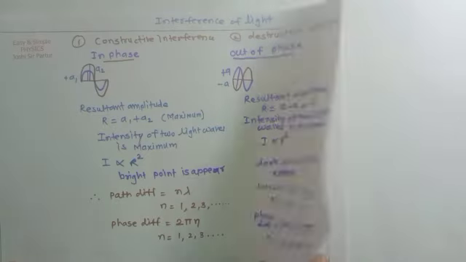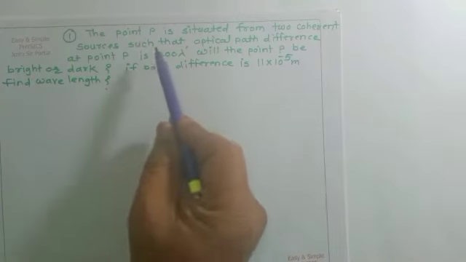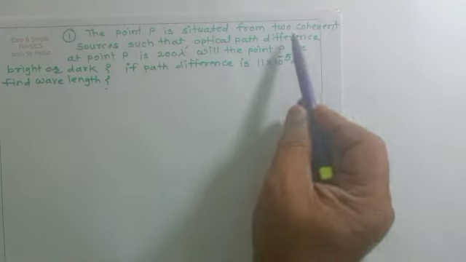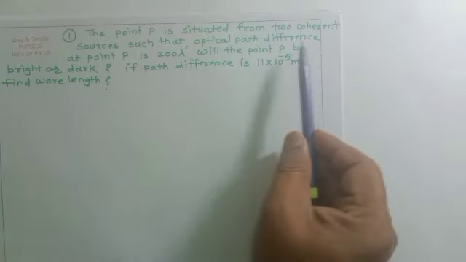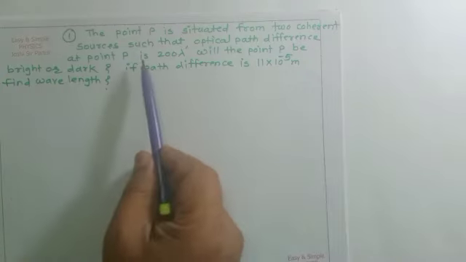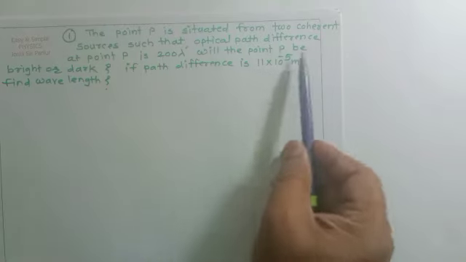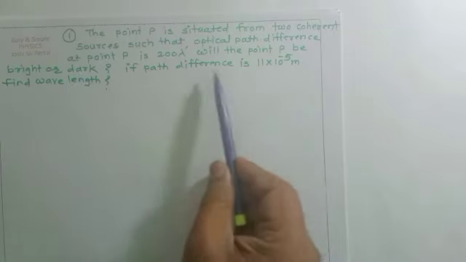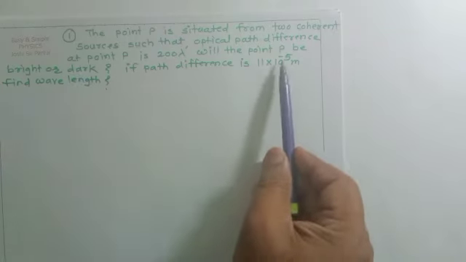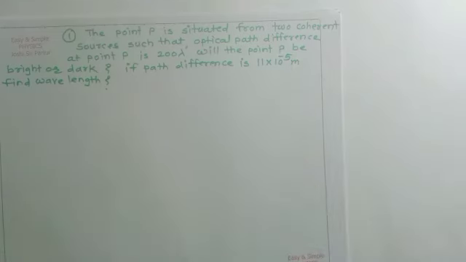So the first example: the point P is situated from two coherent sources such that optical path difference at a point is 200 lambda. Will the point P be bright or dark? If path difference is 11 into 10 raised to minus 5 meter, find its wavelength.